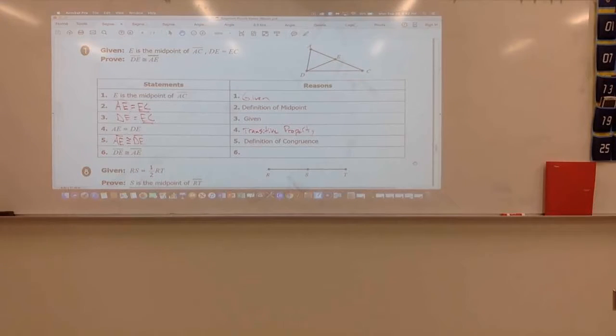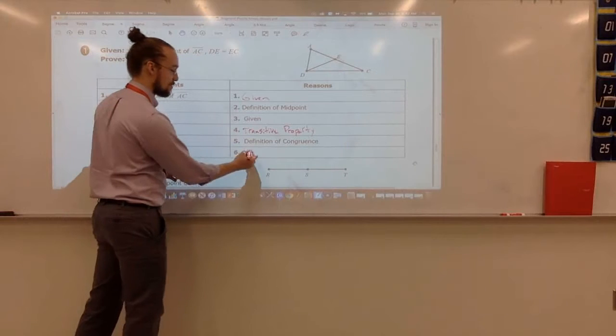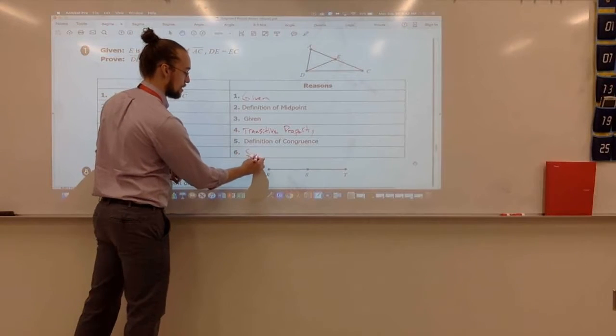Now, that's really close to what we wanted to prove, but to technically get it correct, they flip it across the congruent sign. So that's the symmetric property. I slipped up and said it there, didn't I?